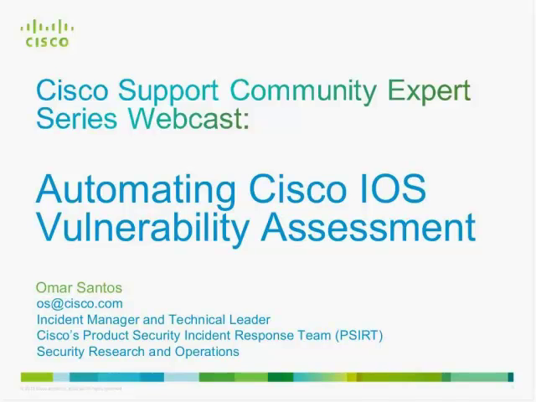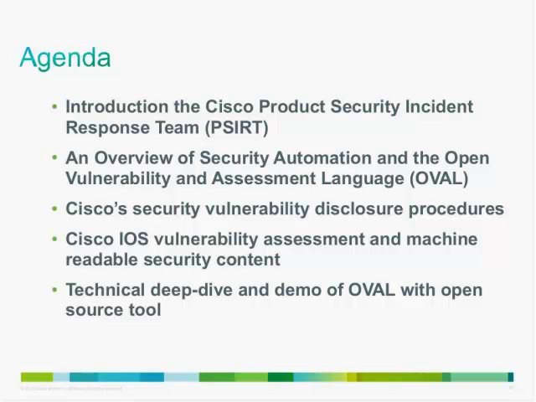To get started, I would like to go over the agenda. We will start with a brief introduction of my team, which is the Product Security Incident Response team. We will then start with an overview of security automation technologies and standards that are currently available for customers to use, focusing a little bit more on the Open Vulnerability and Assessment Language, otherwise known as OVAL.